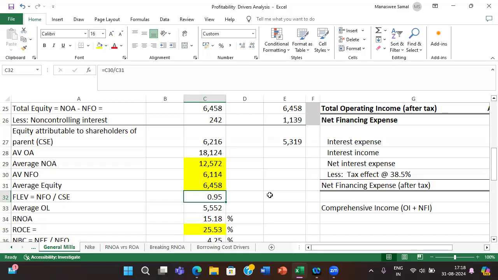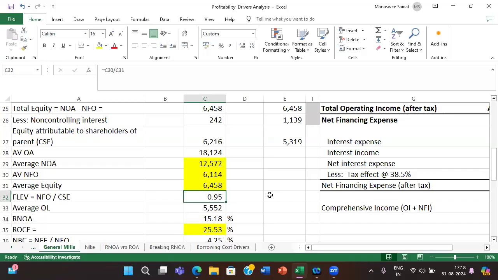Means what? It is not a very low debt equity kind of ratio. If you look into Penman's book, it has given you data across industries for thousands of companies in the US. They have given you the median debt equity ratio and median FLAF, that is NFO by equity figure.